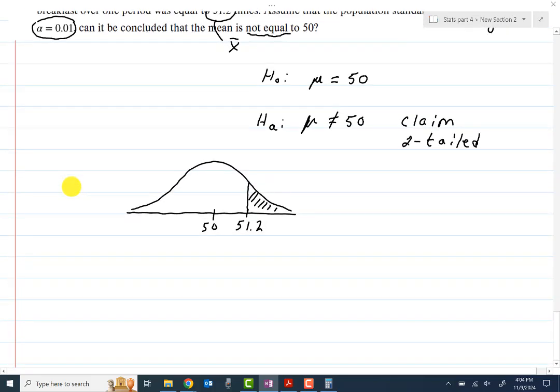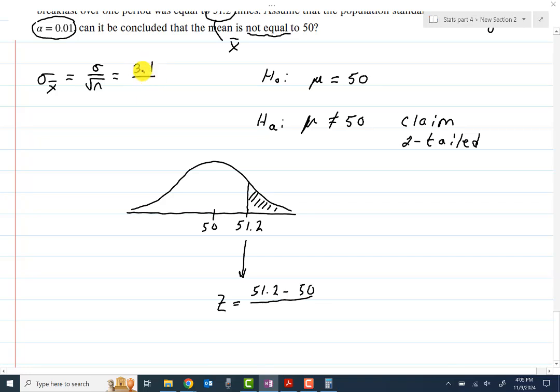This is strange. I'll explain to you in a minute what's going on. But here, let's get our z value for this. Now the sigma I haven't done yet. Our sigma that was given was 3.1.